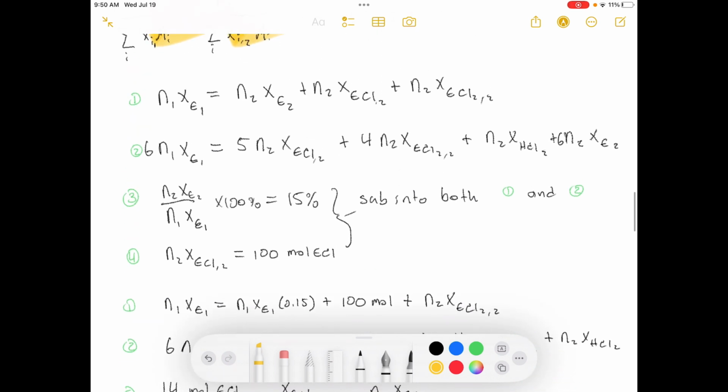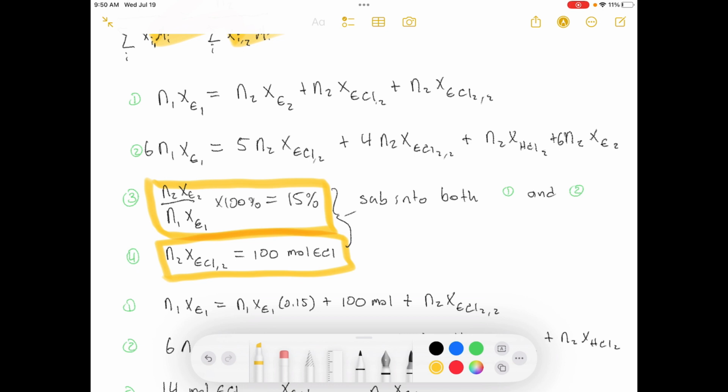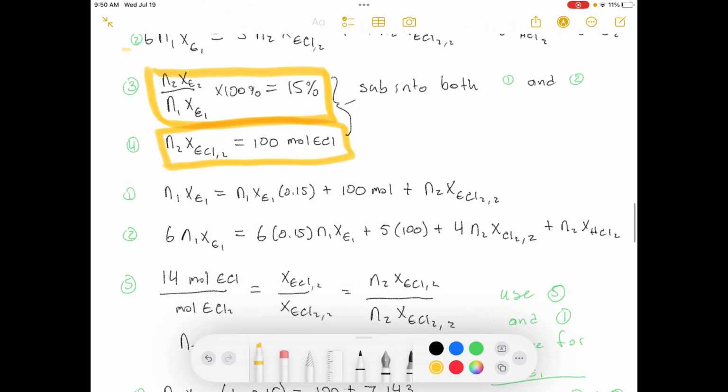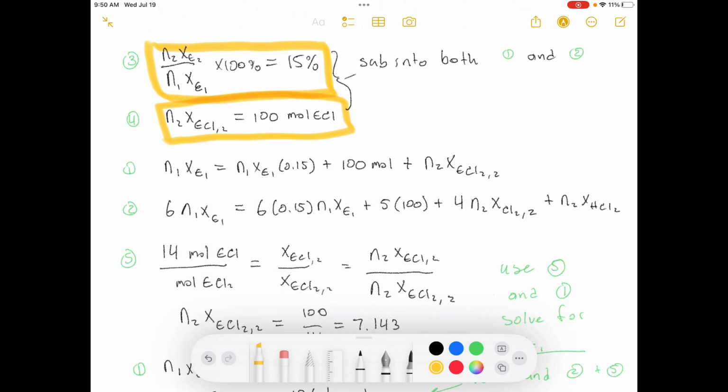So they gave us this value, and then they gave us this equation, right? So that's just direct substitution. So we can calculate what N2 x E2 is, right? So then we substitute these values into 1, and then we calculate from 1.